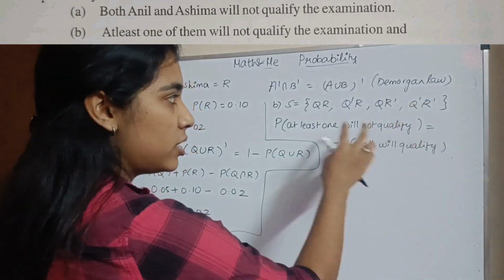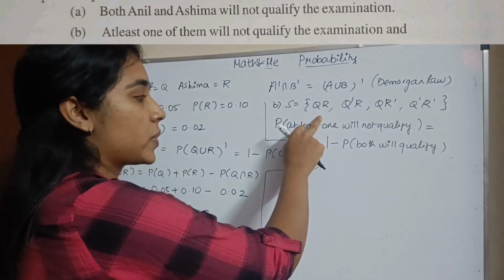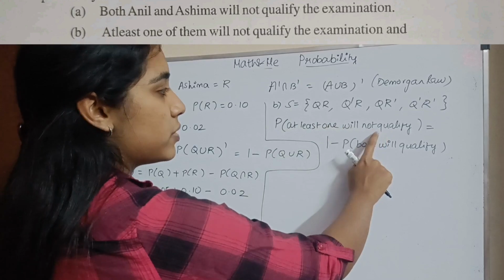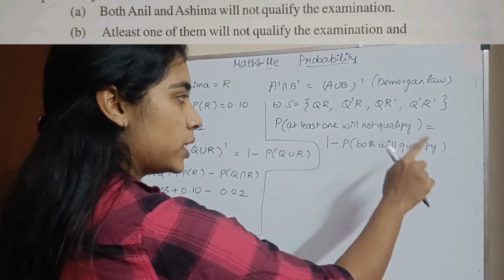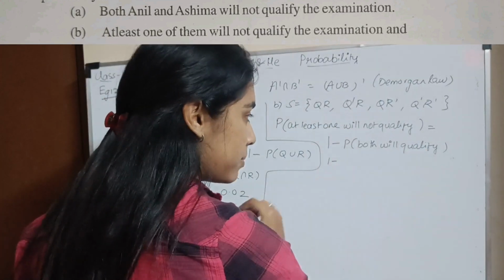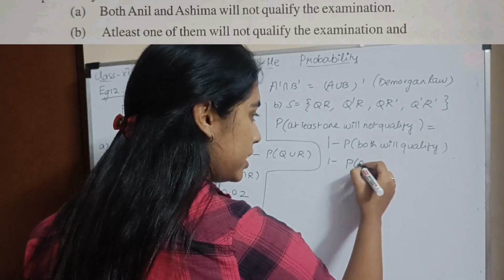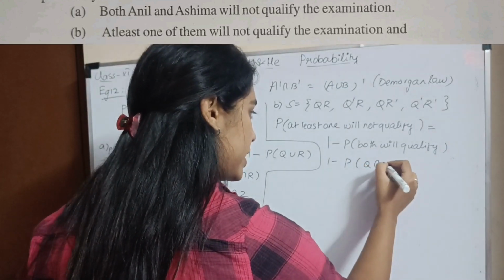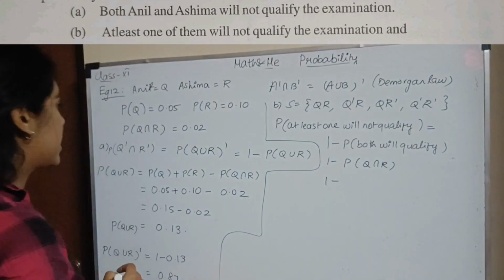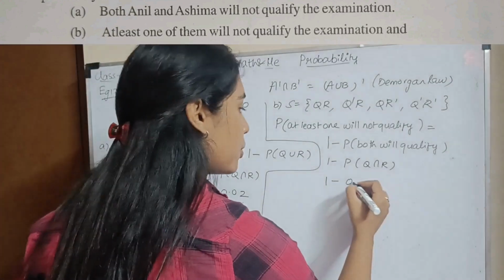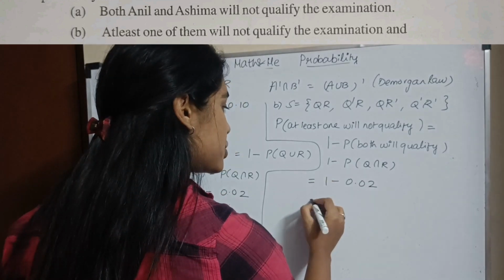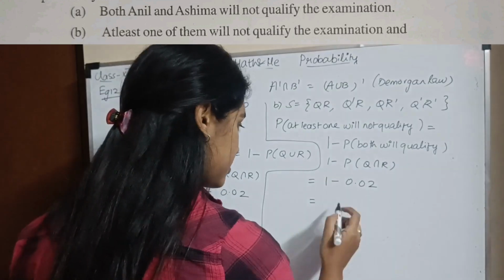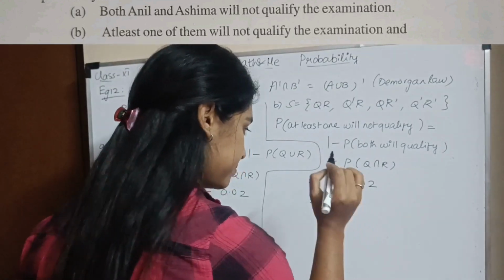What is the negation? Both of them will qualify. So, it will be 1 minus the probability of Q intersection R. What is my Q intersection R? It is 0.02. So, 1 minus 0.02 is 0.98.